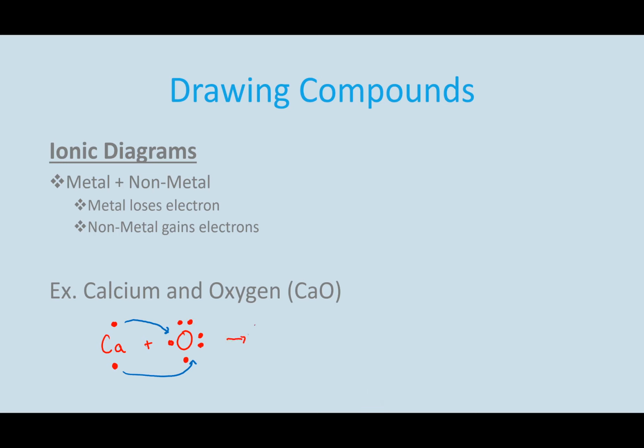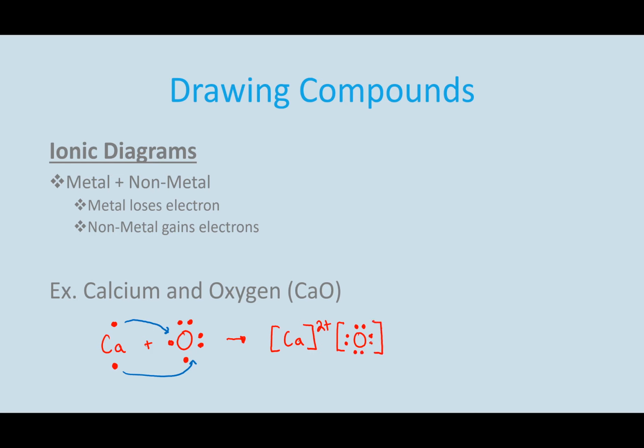That's how we show that the electrons are being given to oxygen, and then we're going to draw the ions. So we have calcium, its outer shell is now full, so it has a charge of 2 plus.